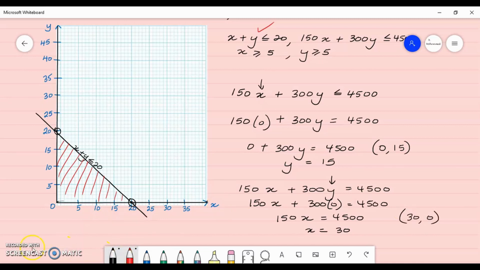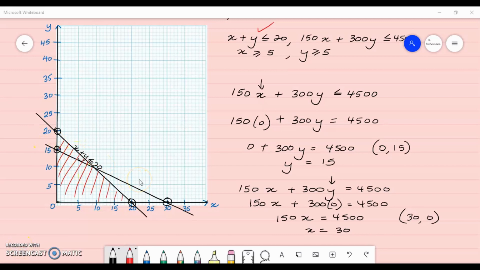So let me plot those 2 points. 0, 15 is going to be here, and 30, 0 is going to be here. And then I connect it with a straight line, and that's it there.